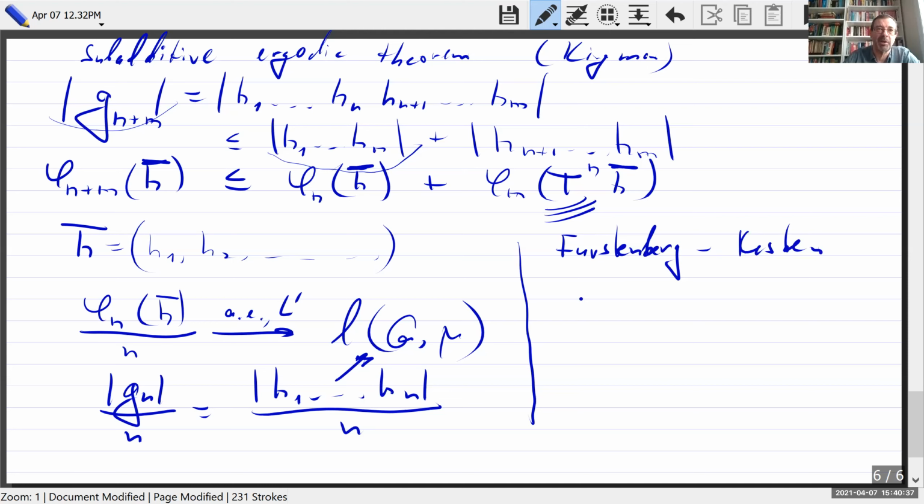If we have a product of random matrices, then we take their norm, and since the matrix norm is multiplicative, one has to take the logarithm, then divided by n, it converges to a limit almost everywhere. So that's actually another interpretation of this result. Furstenberg and Kesten proved it before Kingman, when the subadditive ergodic theorem wasn't available, but this is really the most natural application of the subadditive ergodic theorem.